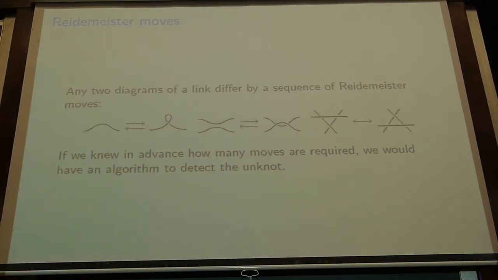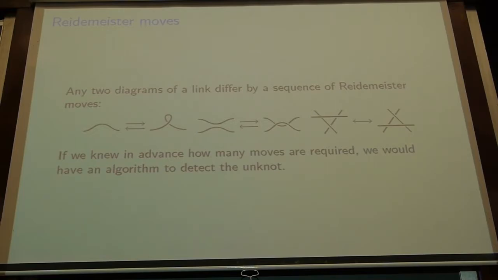Okay, so as we all know, any two diagrams of a knot differ by a sequence of Reidemeister moves, and there they are. For our purposes of recognizing the unknot, this has the consequence that if you happen to have a diagram of the unknot, you'll always eventually be able to prove that it's the unknot.